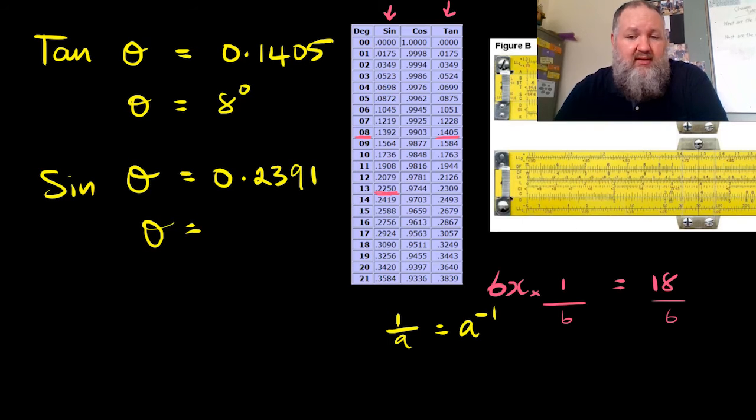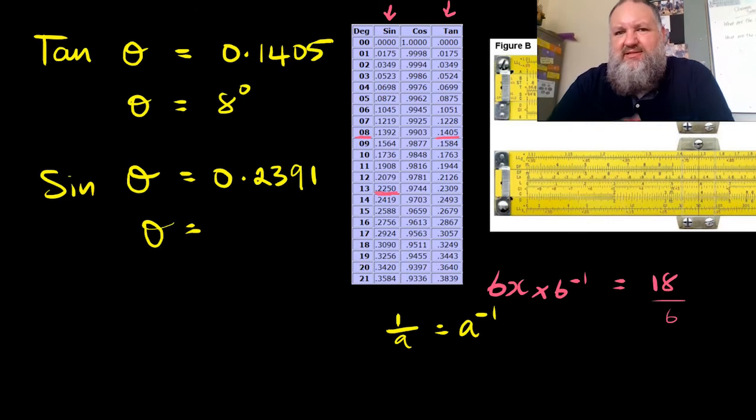That's really what's happening. So instead of saying multiplied by 1 over 6, I could say I'm multiplying by 6 to the negative 1. And that will be the same as if I was dividing by 6. And you might think to yourself, well, that's just confusing. Why would I bother doing that?